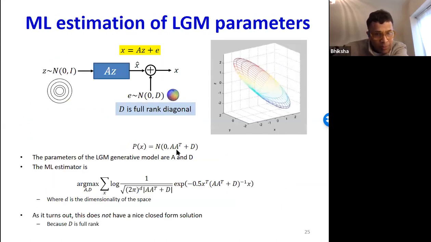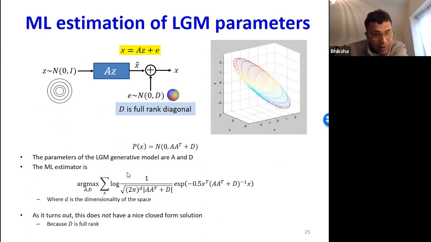And so you can perform maximum likelihood estimation. As before, this is the distribution that it's actually assigning to the data. If you had a collection of training data points, then you would maximize the log likelihood of the entire training data with respect to the bases for the hyperplane and the covariance for the noise.